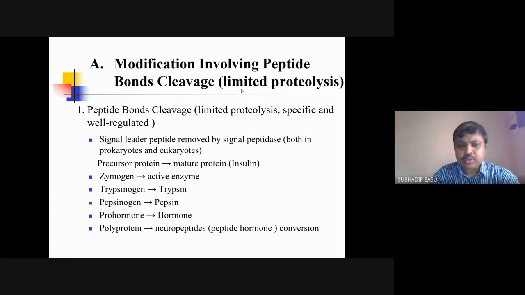So specific and well regulated peptide bond cleavage is the key. So there are many different examples of regulated peptide bond cleavage, like pro-hormone to hormone, and there are many different final enzymes that we generate, like precursor, it generates the mature insulin. Okay.